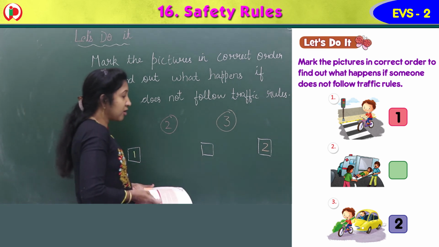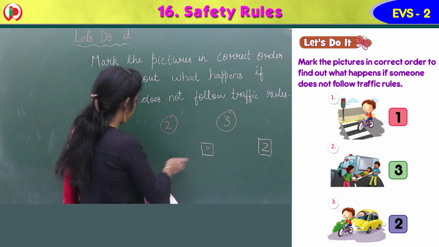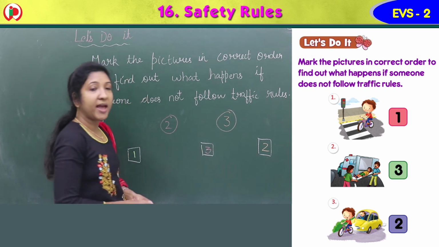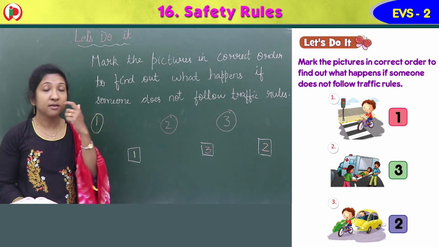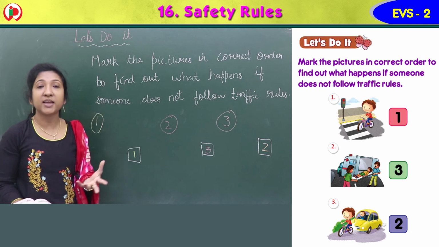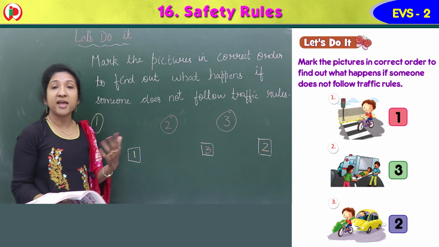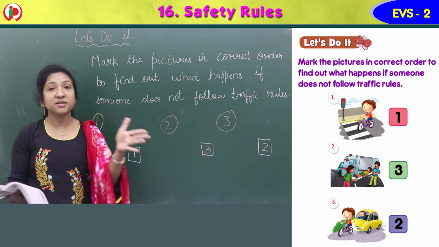Okay, if we are not following the traffic rule, what happens? Yes, we get hurt, we meet with an accident, or we will fall, and this kind of injuries happen. We should walk on the zebra crossing.